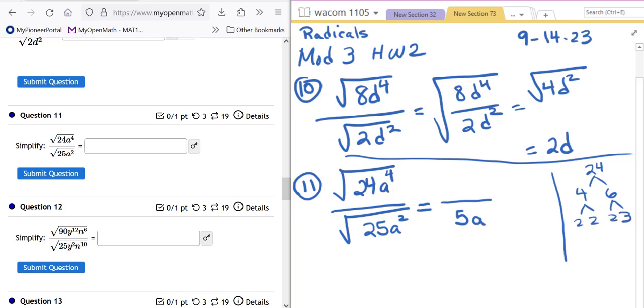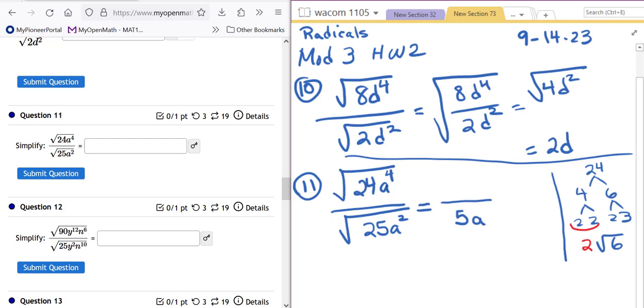When it's a square root, every time you get 2 copies of something, that's a square. So 1 copy can go outside for that group. So we can take 1, 2 outside. These only have 1 of each, so they're going to stay inside and multiply back together. So 2 times the square root of 6 is going to be the 24.